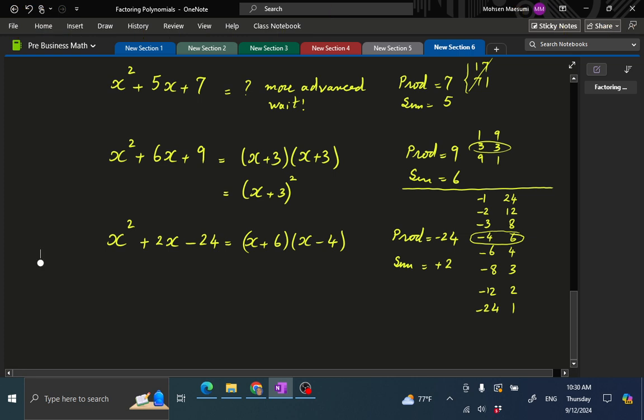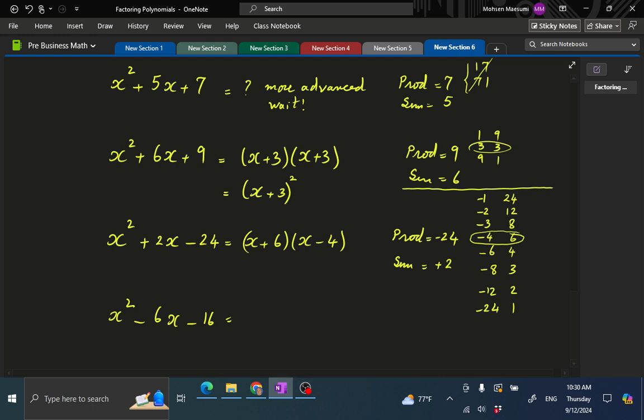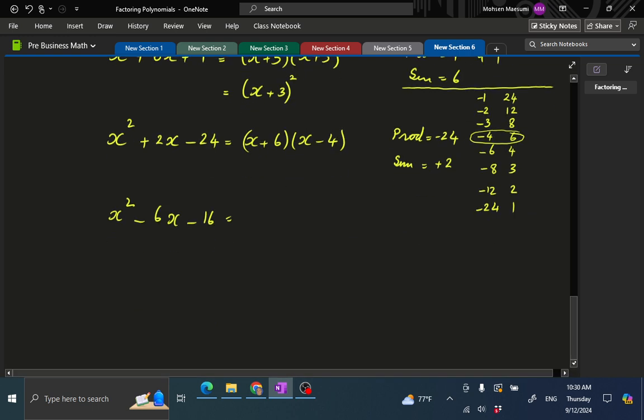Let's do another example. Suppose I have x squared minus 6x minus 16. I ask, how do you factor this? So in this case, we have the product is minus 16 and the sum is minus 6. So how do I get minus 16?